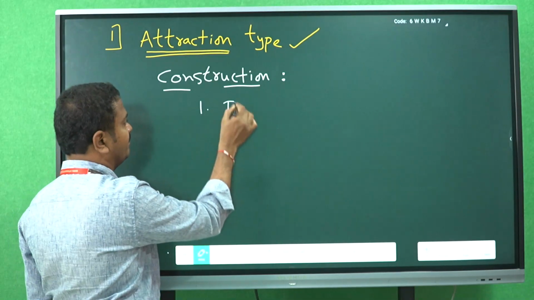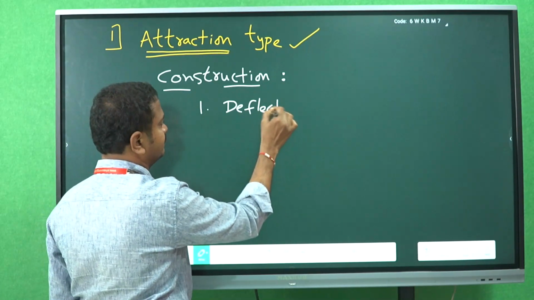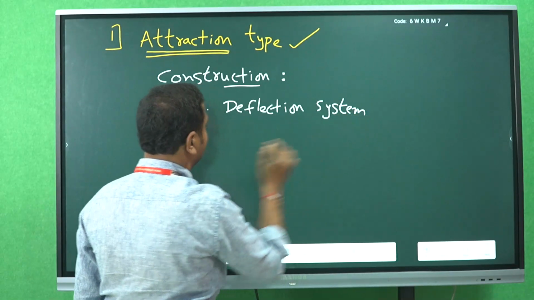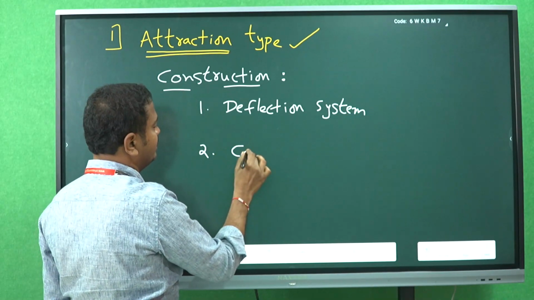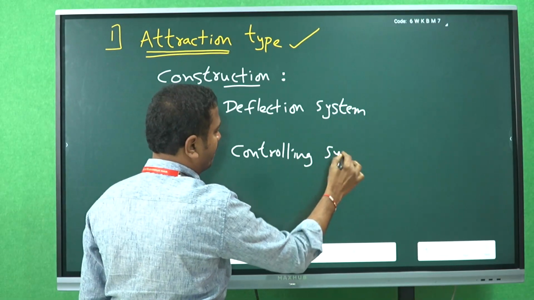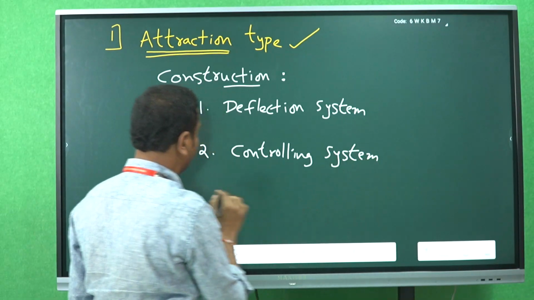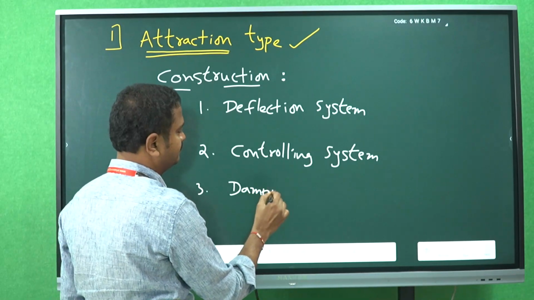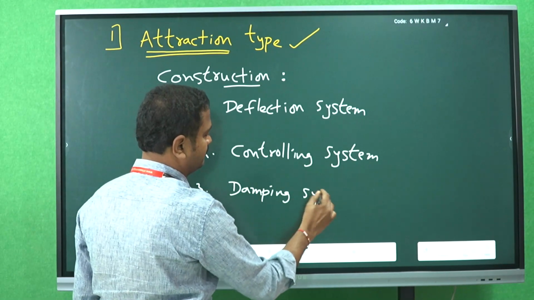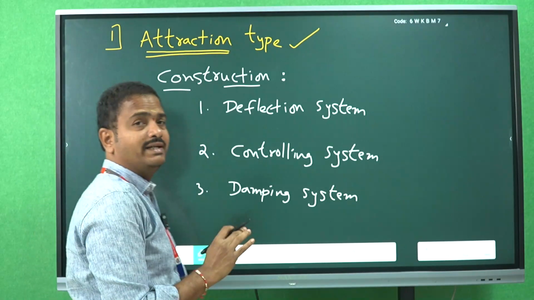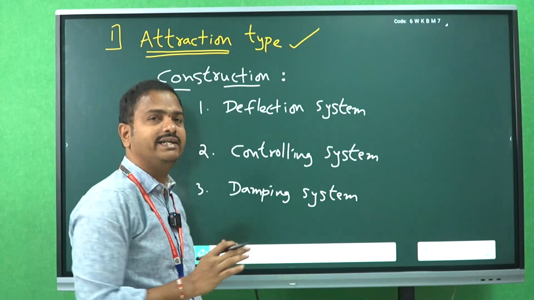One is the deflection system. Second one is the controlling system. Third one is the damping system. Clear?